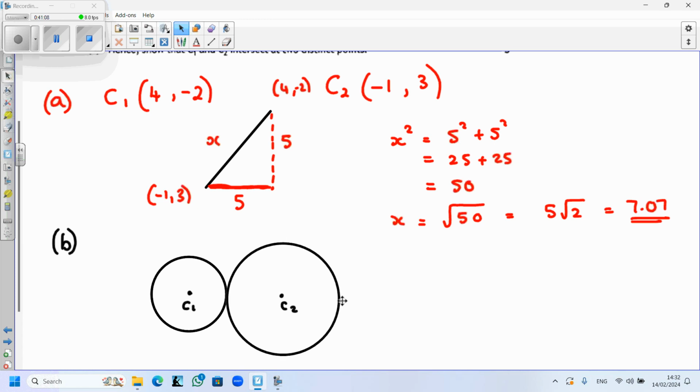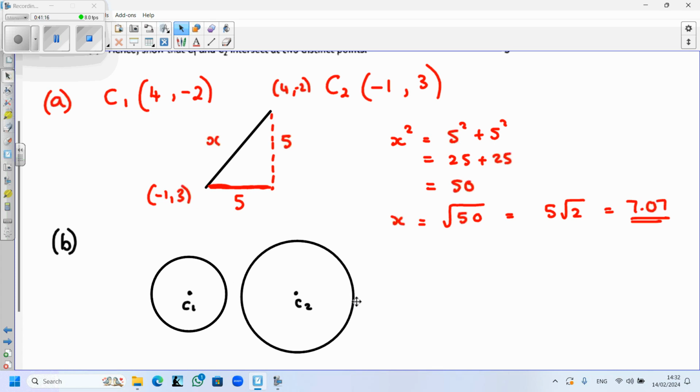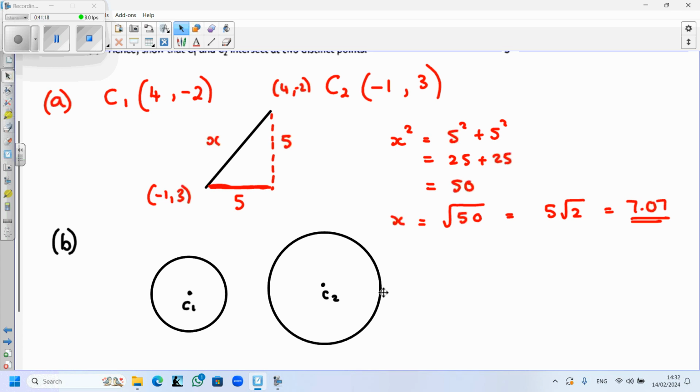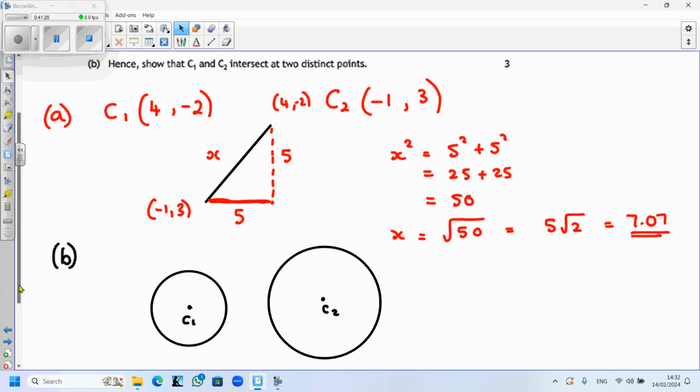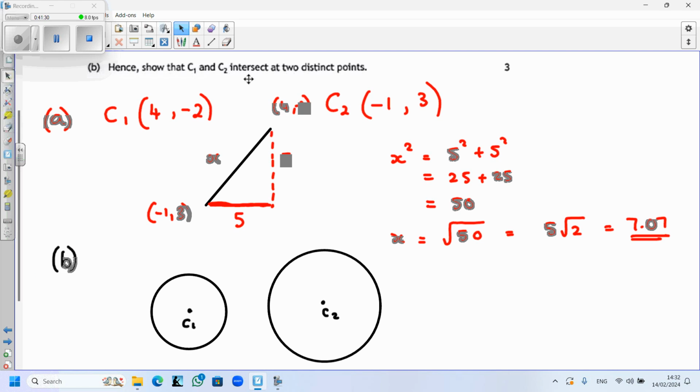If they were touching, then the distance between the two centres is the radius 1 plus the radius 2. If they do not touch, then the distance between the two centres is much bigger than the radius 1 and the radius 2 added together.